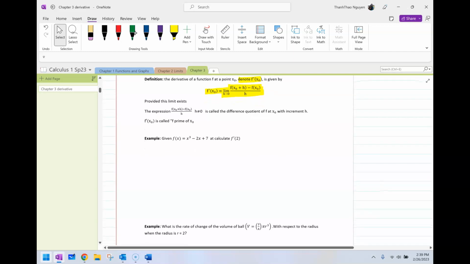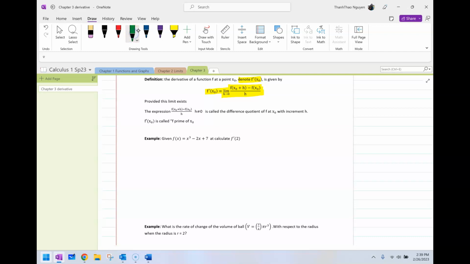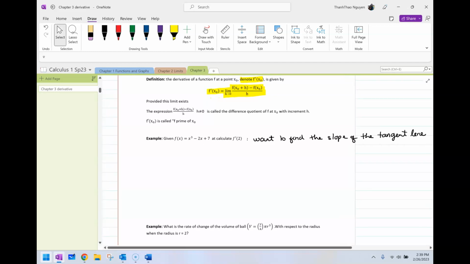Let's take a look at this next problem. We want to find f prime of 2. This means we want to find the slope of the tangent line at x equals 2.